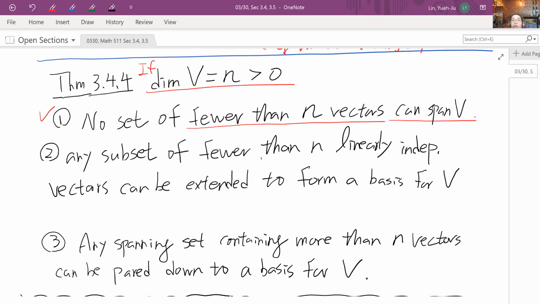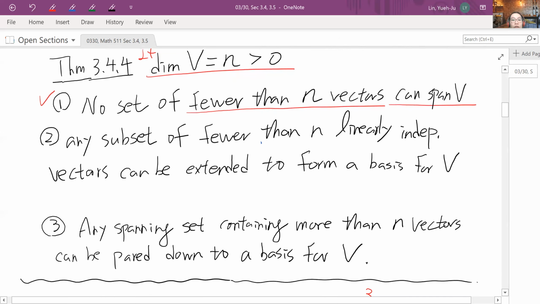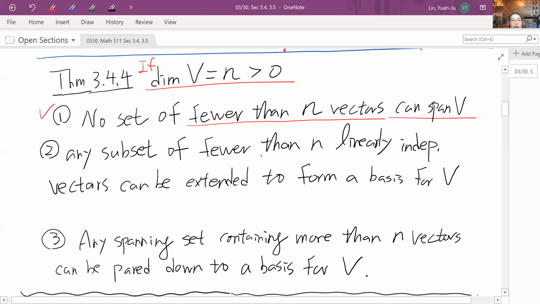Because even though I tell you the fact now, to really prove this theorem needs some work. It's not that trivial. So I want to make sure that you know how to solve a certain problem directly without quoting some fancy remark, okay?